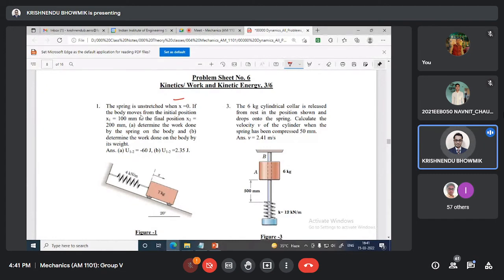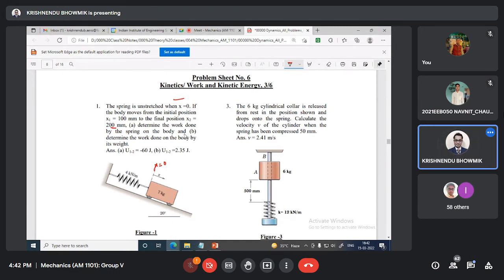The body moves from the initial condition to x2 equal to 200 millimeter, so from x equal to 0 to x equal to 200 millimeter. Determine the work done by the spring on the body, and determine the work done on the body by its self weight.